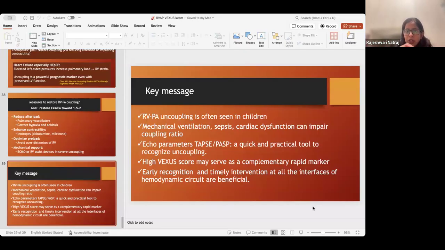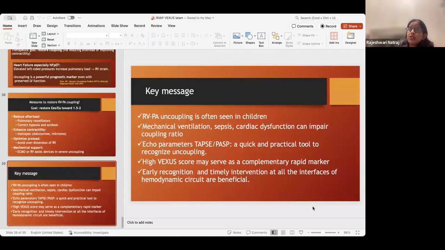So whenever you find a high VExUS score, you next look into the RV function and your PA pressures, and of course your mechanical ventilation, whether it is causing the PA pressures to be high. So there are several factors contributing to the high VExUS score. It's not that simple that you see a high VExUS score and you need to diurese.